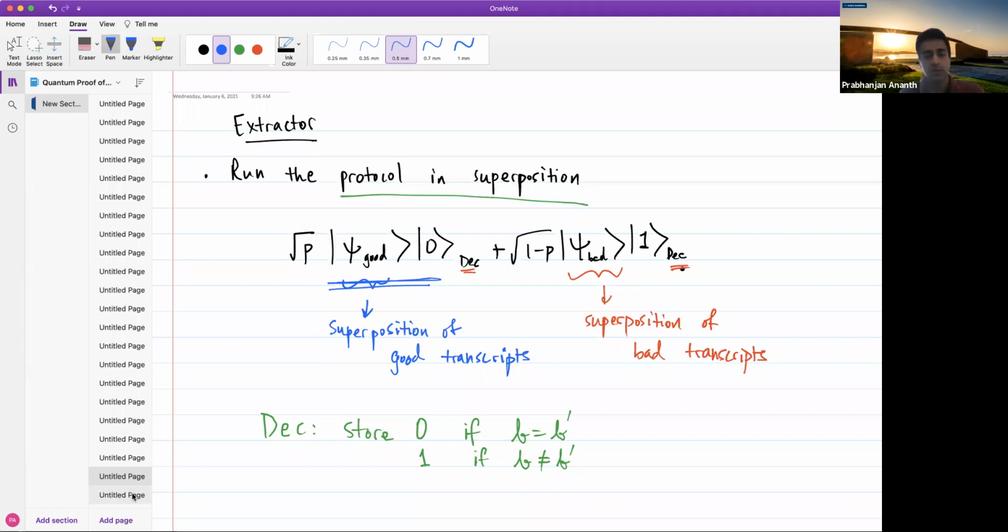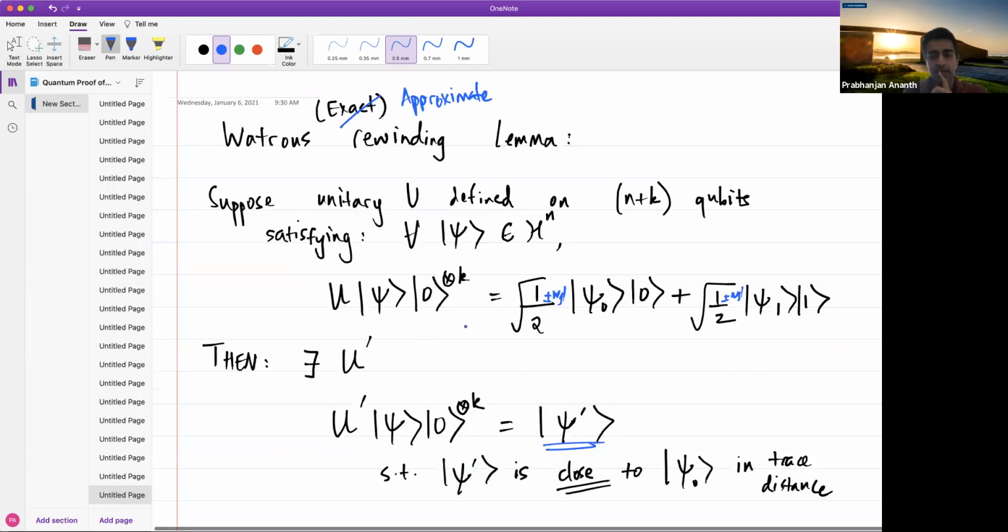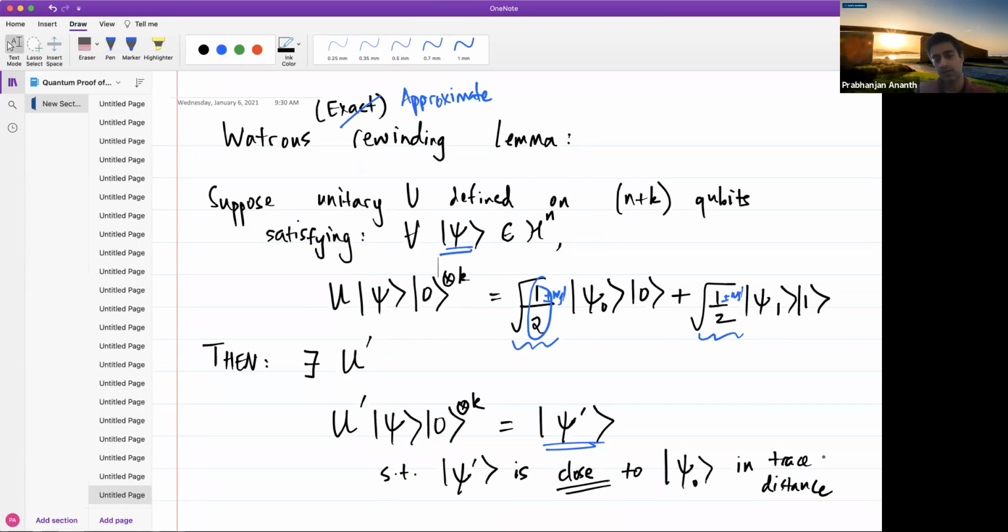Okay, so in order to apply Watrous's rewinding, we need to argue that the amplitude associated with the good state is negligibly close to a constant, right? If in Watrous's rewinding lemma this depended on the state, then you cannot apply the lemma. I mean, then all bets are off, right?